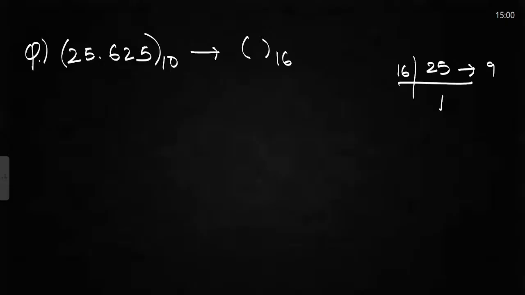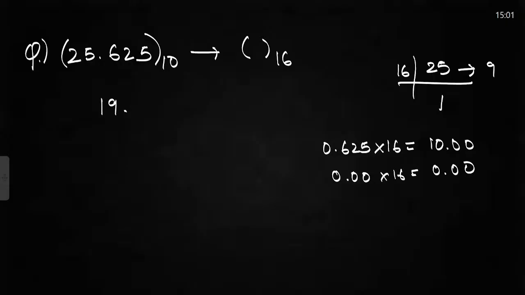So we will get 19. Now 0.625 into 16 you will get 10.00. So 0.00 into 16 you will get 0.0. So you will write 10, and 10 means A. So 19.A base 16. So that is the answer.